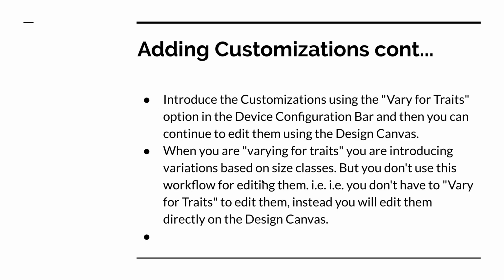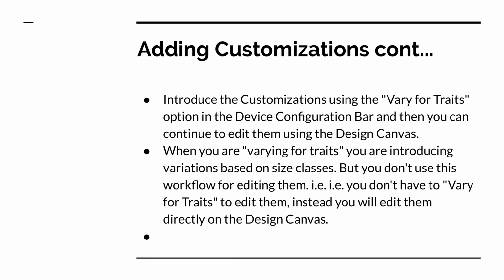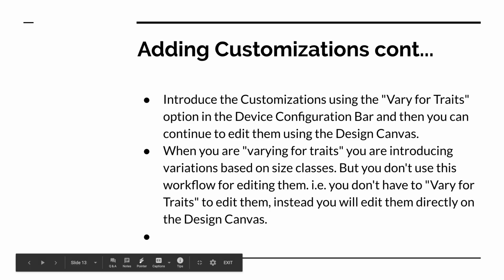So you introduce, but you don't use that Vary for Traits blue bar for editing. Instead, you can edit them directly in the canvas. That is what I did. Both the bullet points here are elaborating the same thing, guys.